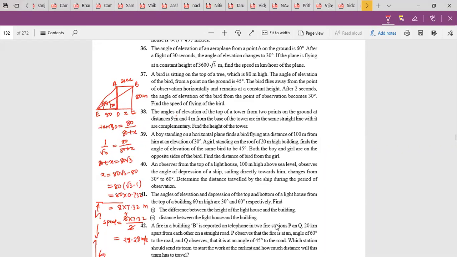Ma'am, 38th one, is the answer 6 meters? Yes, 6 meters is the right answer.